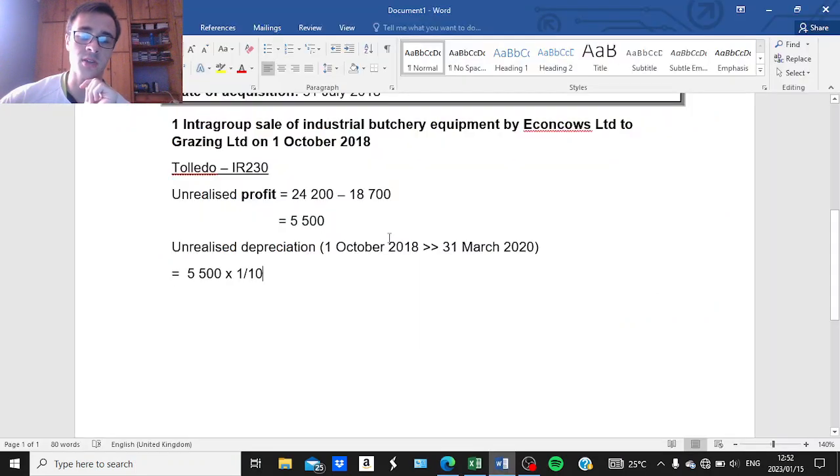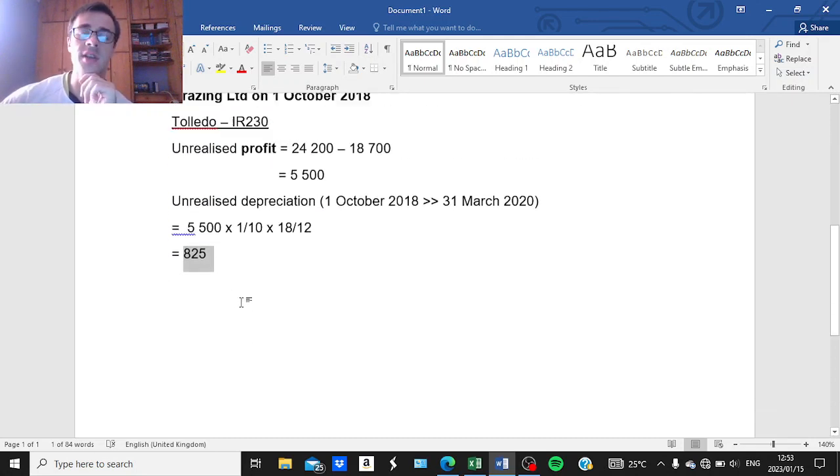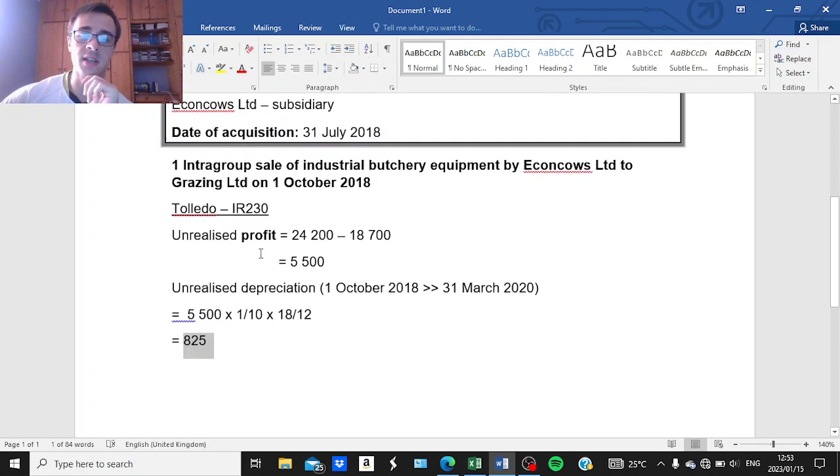So you can replace the 1/10 by 10%. And then we will multiply by 18/12 because we are calculating unrealized depreciation for a total of 18 months, right? This will give you an amount of 825 Rand. So 825 is the total unrealized depreciation that we need to eliminate for this particular equipment.